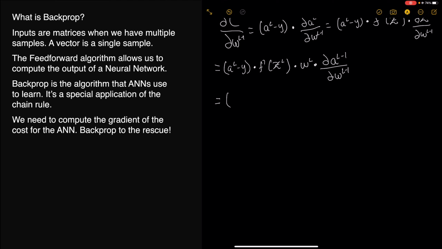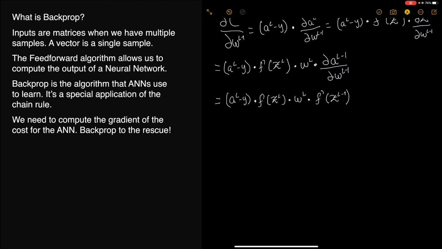All right. AL minus Y times f prime Z to the L times WL times. All right. Let's see. What's the deal here? A to the L minus 1 is just the activation function, right? But we have to apply the chain rule, so we're going to do this.